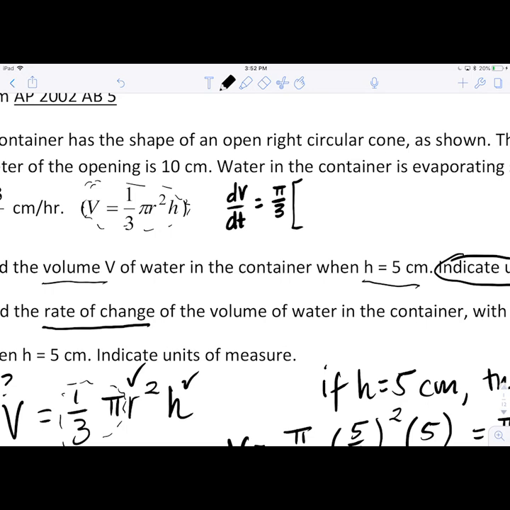Now you notice that r squared times h is a product, so I need to use the product rule, which is first, so the r squared, times the derivative of the second, plus the second, which is h, times the derivative of the first. So the derivative of r squared is 2r times dr/dt.